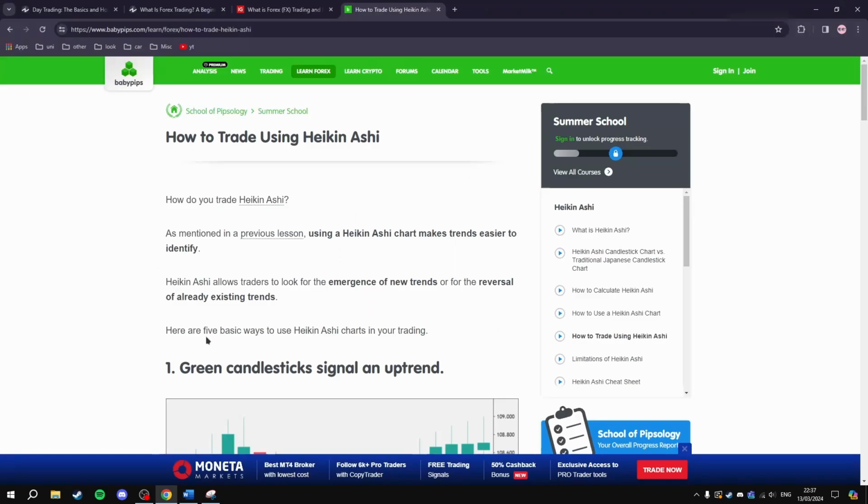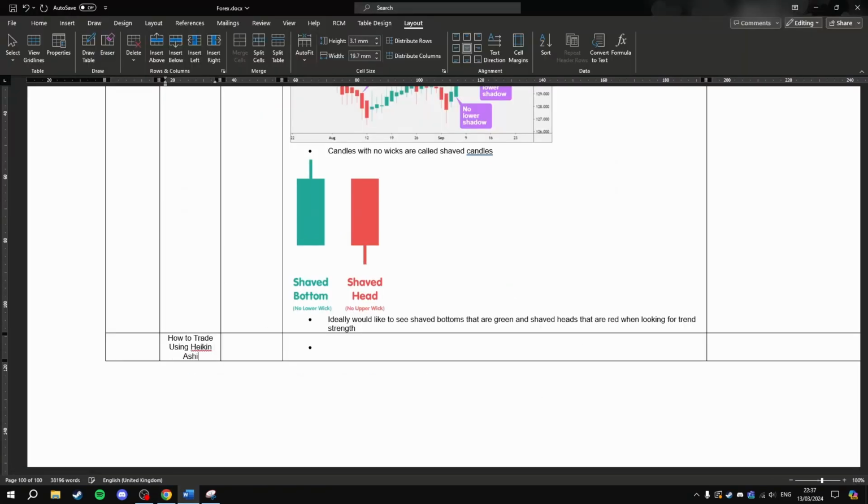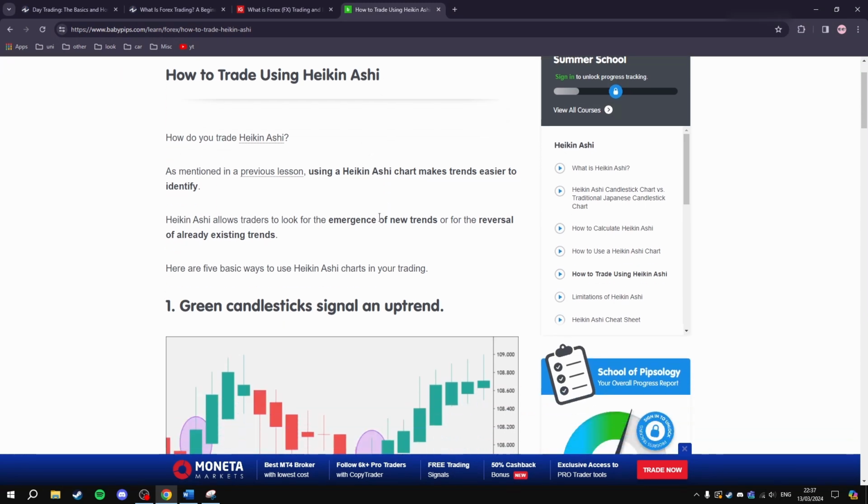How to trade using heikin ashi. How do you trade heikin ashi? As mentioned in the previous lesson, using a heikin ashi chart makes trends easier to identify.